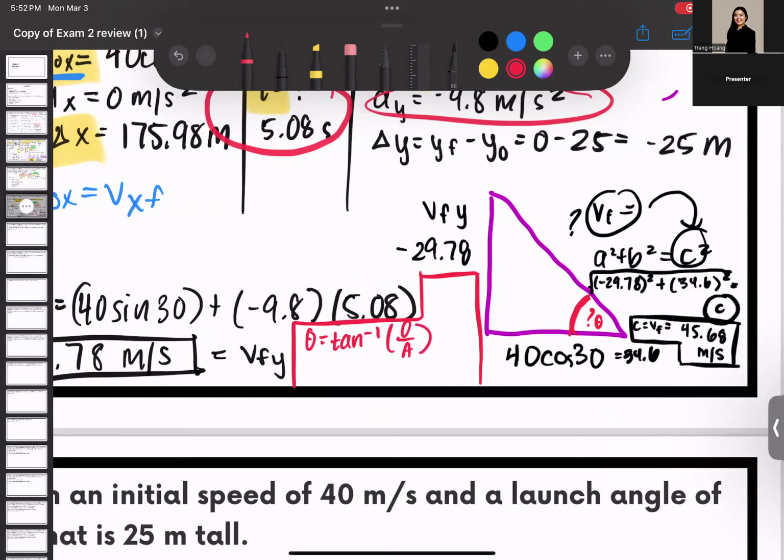If we need to find this angle, this is our opposite and this is our adjacent. So all we've got to do is plug this into our calculator: inverse tangent of negative 29.78 divided by 34.6. That should get you your answer of negative 40.69 degrees. So with these two in mind, you have your full answer. Highlight that.